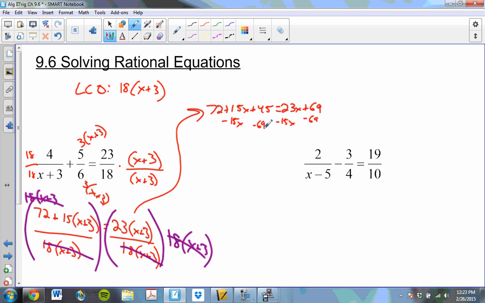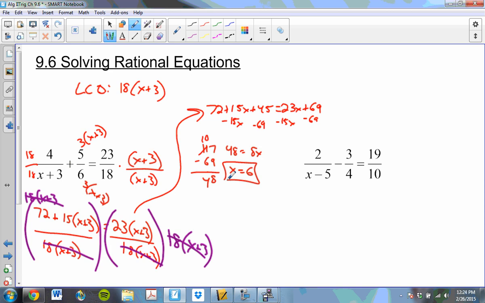I get 72 plus 45 is 117. 117 minus 69 is 48. So it's 48 equals 8x. So x equals 6. If I wanted to plug that in and check it, I could. 4 9ths plus 5 6ths would be 23/18.